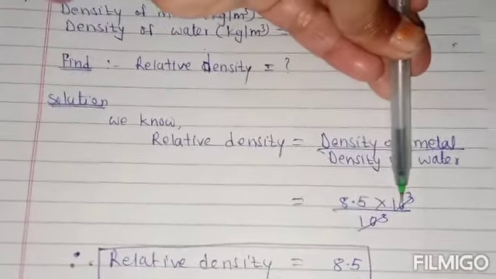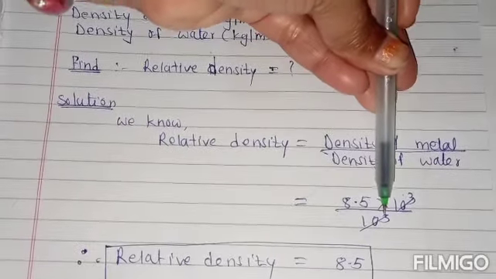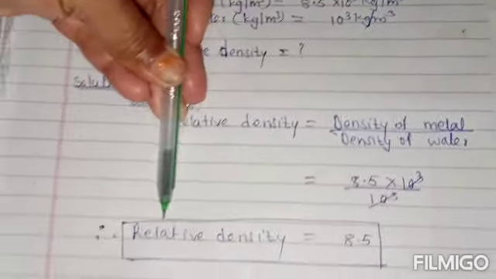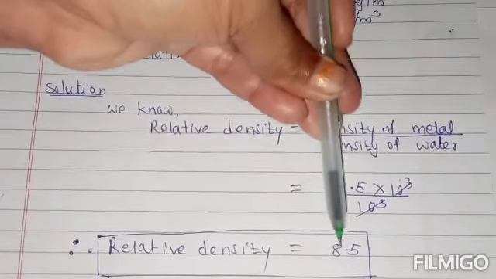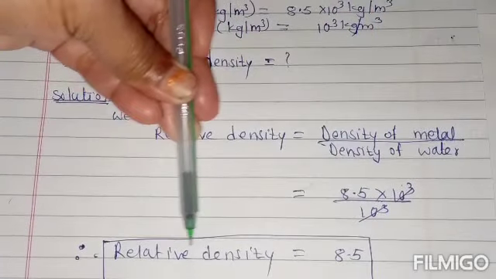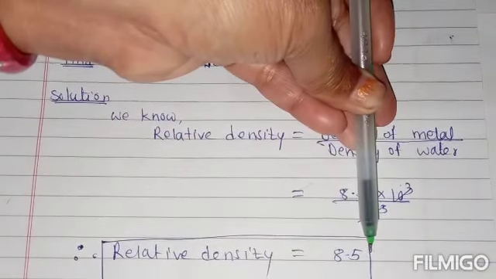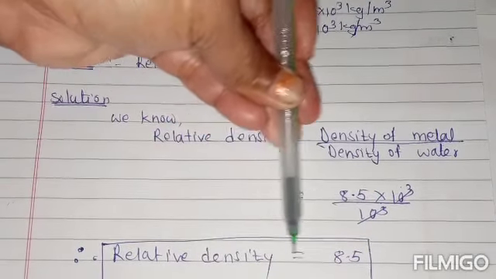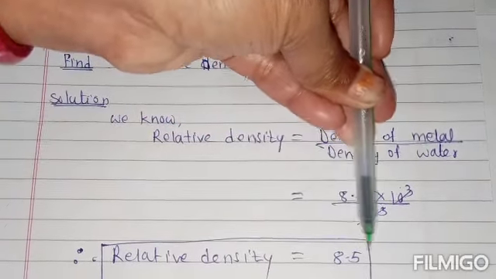When you cancel this 10 raised to 3 and 10 raised to 3, left is 8.5. So relative density is equal to 8.5. As I told you in the formula, relative density has no unit, so no need to write any unit.